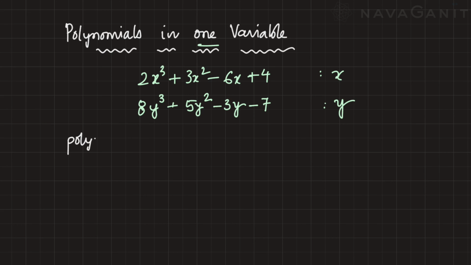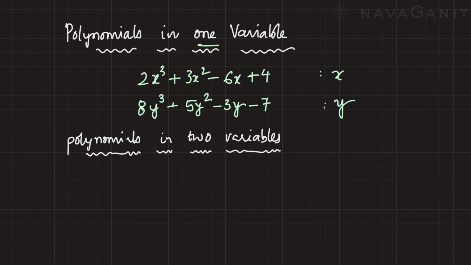Now what about polynomials in two variables? Say we have the polynomial p cubed q squared minus 4 p to the power of 4 q to the power of 3 plus 6 p q.